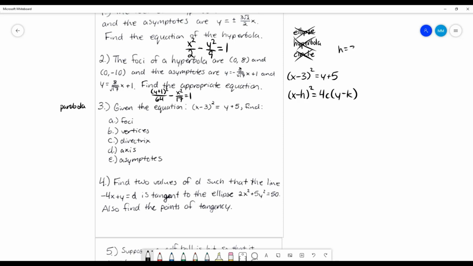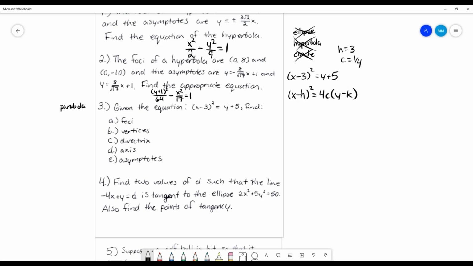In this case, our h is clearly 3. So h equals 3. We don't have any coefficient in front of that y, which tells me that the 4c out here has to turn into a 1, which means our c value must be 1/4, because 4 times 1/4 is 1.